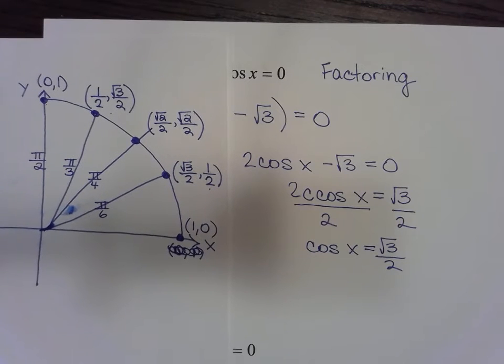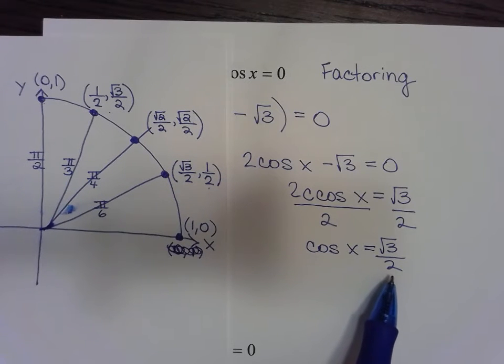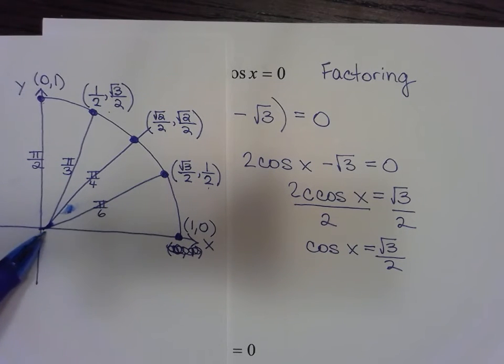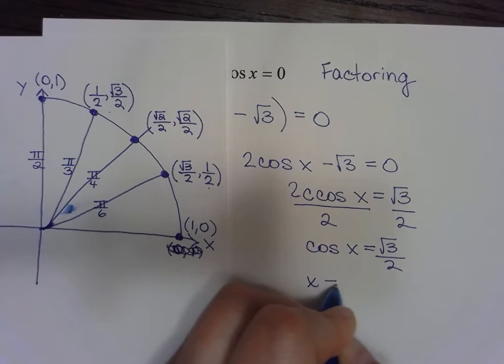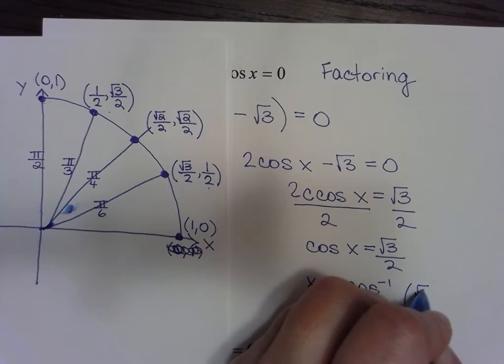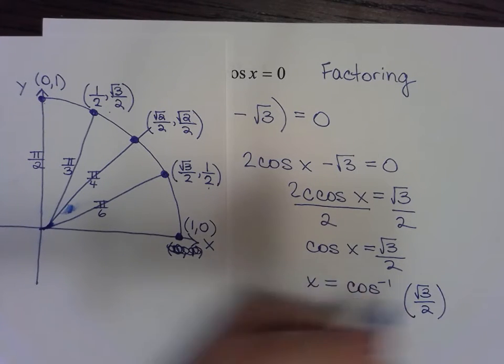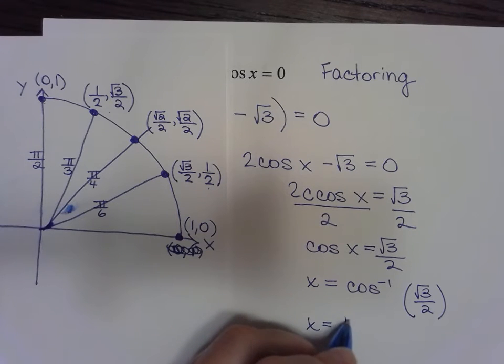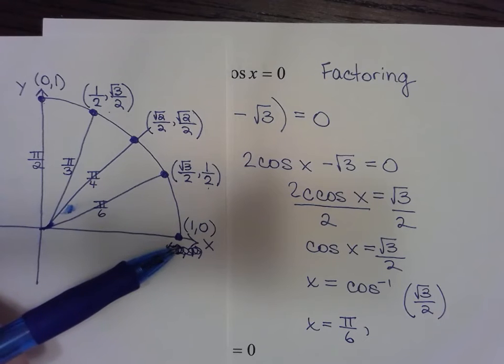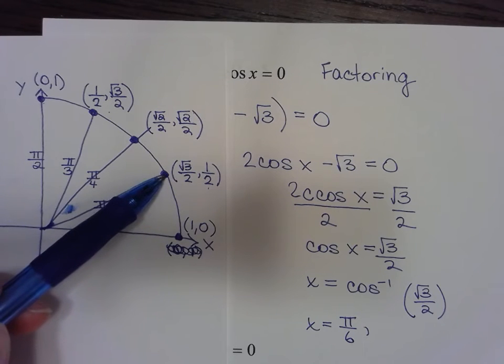And then let's do the same thing for this piece. So cosine of x equals square root of 3 over 2. That is pi over 6. And this is where it's going to be positive, right?